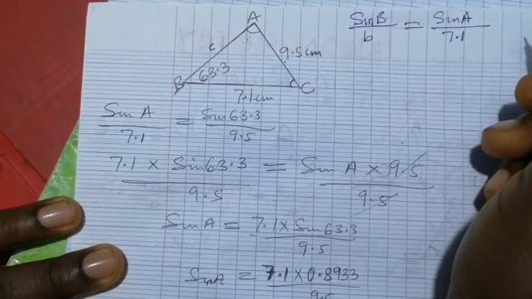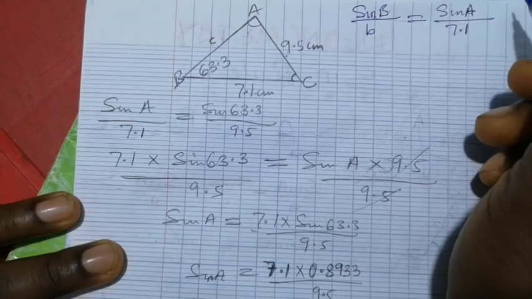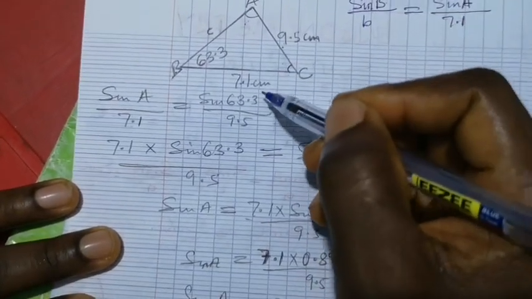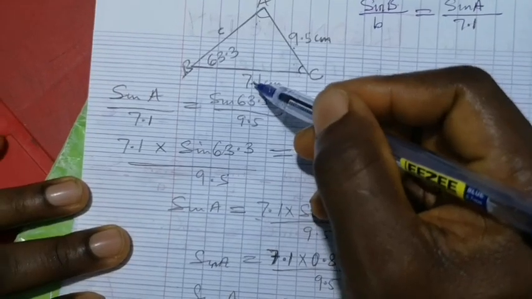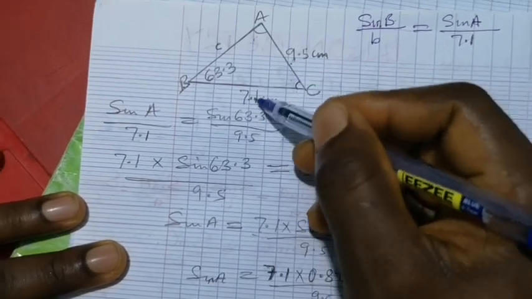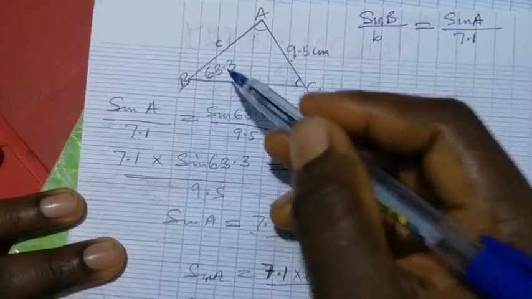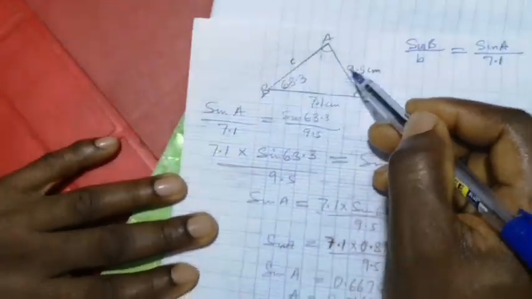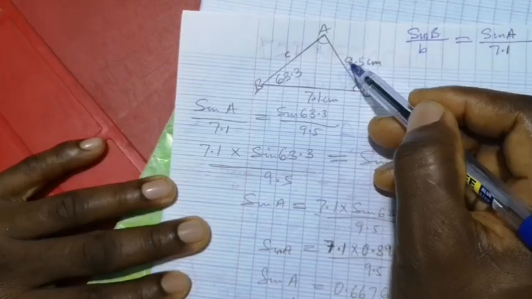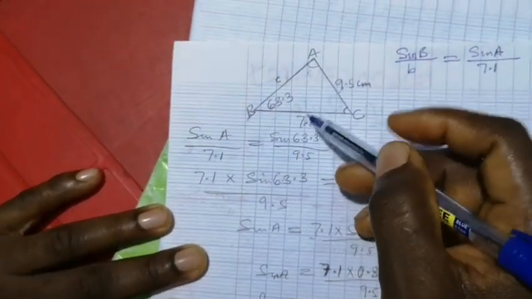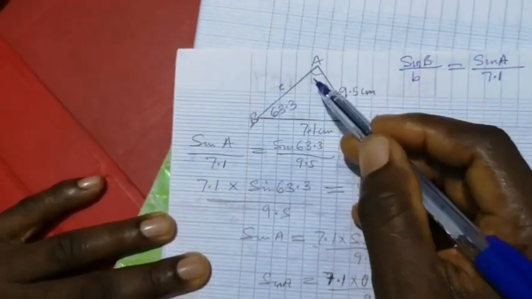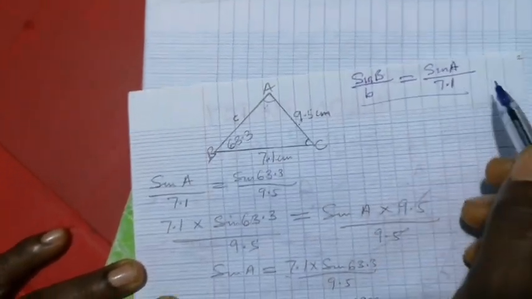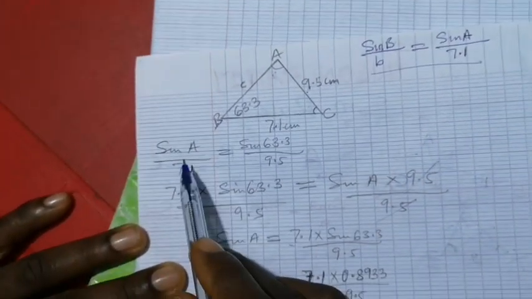That is where I will start with. So you just check the sides that are given. We have two sides here, and we have one angle. So you just start with this angle and each side. Now compare it with the side that is given and its angle, so that you can use it to find its angle.